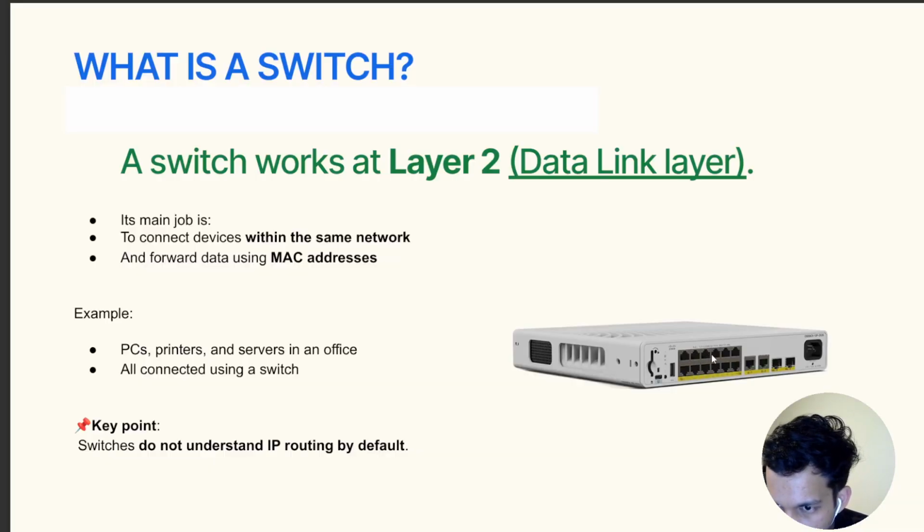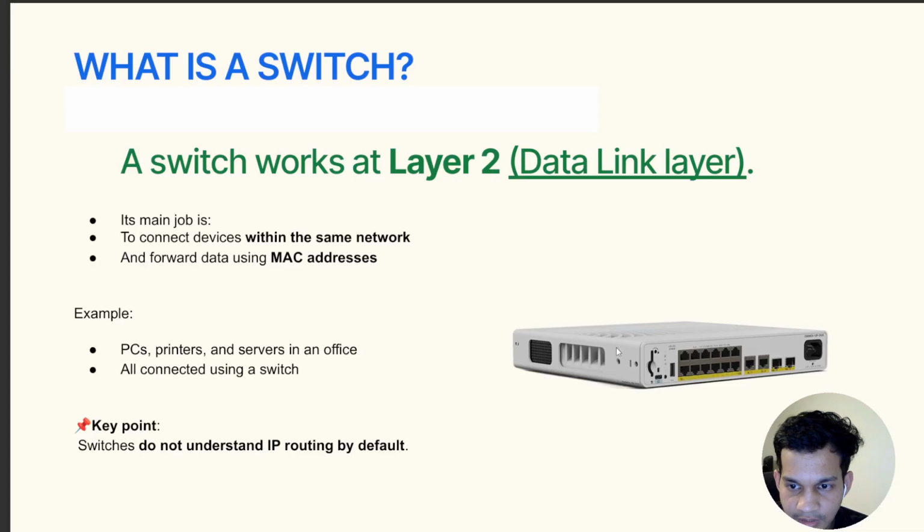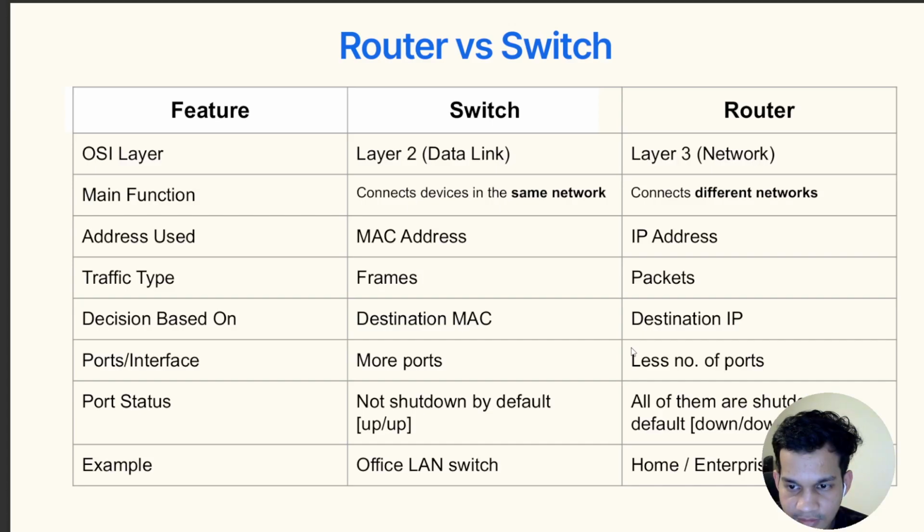I'll show you in the picture over here. Can you see the switch has 12 ports, whereas the router has just 6? So comparatively fewer ports on the router. And this is the main point on which an interviewer can ask you about port status.